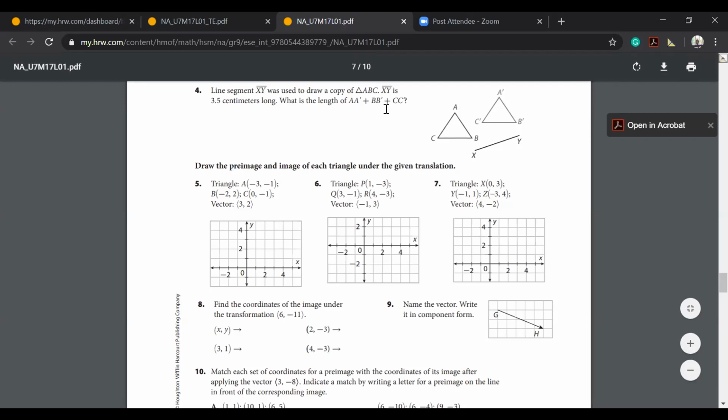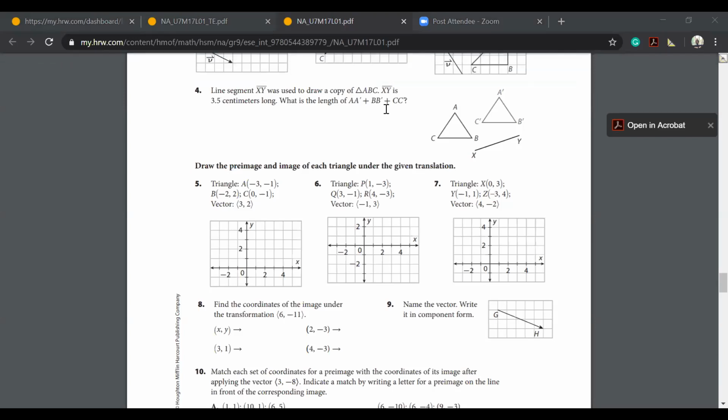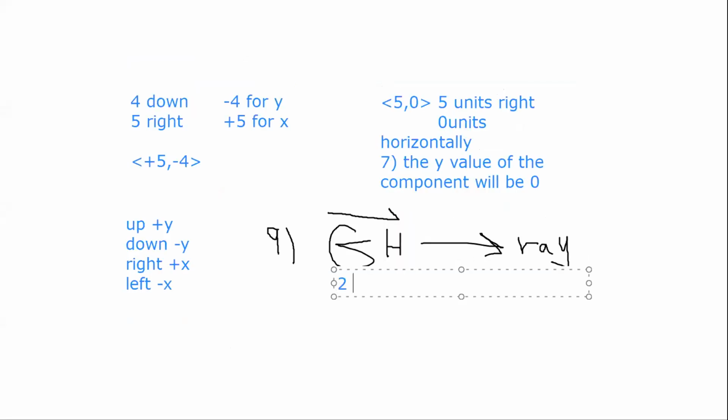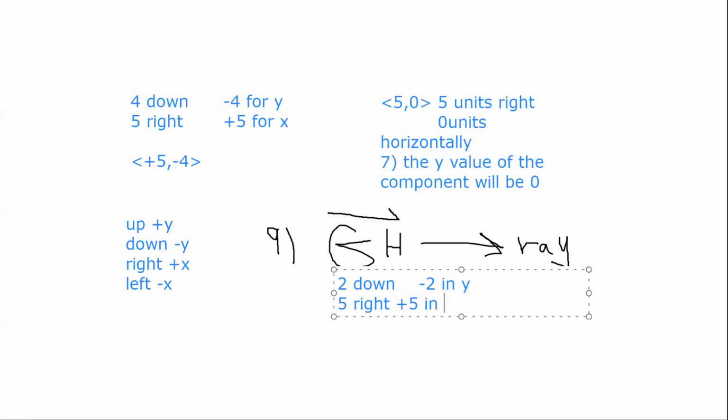Okay, let's try to write this as a component form. 2 down and 5 right. So 2 down means negative 2 in y, right? 5 right means positive 5 in x.